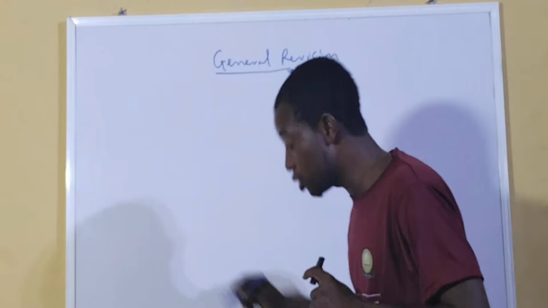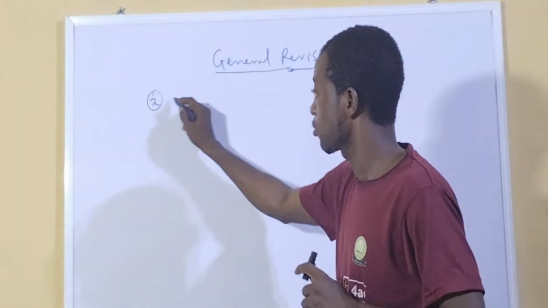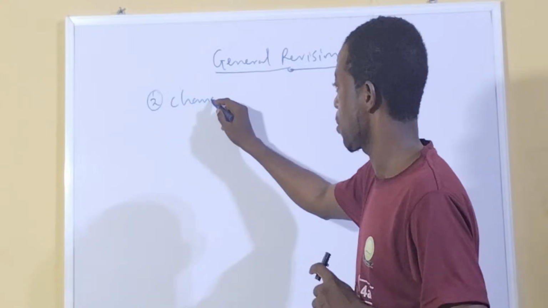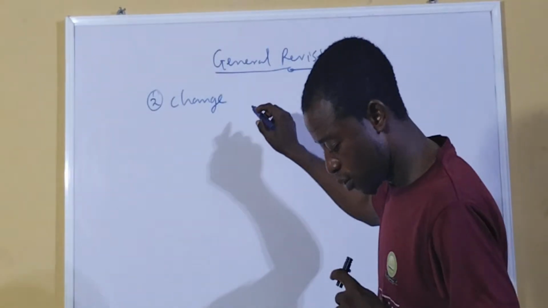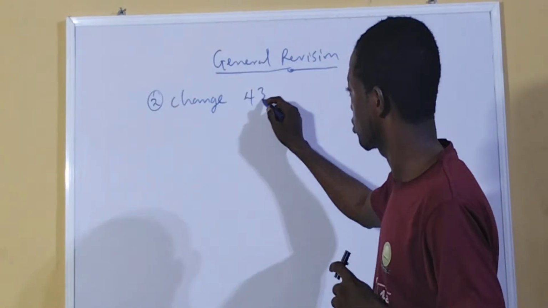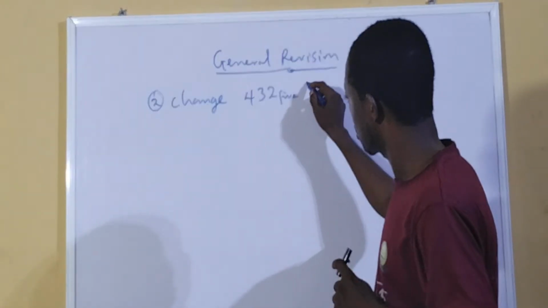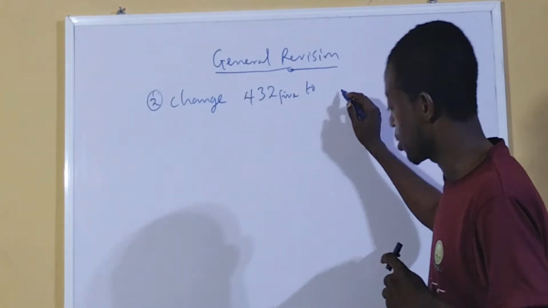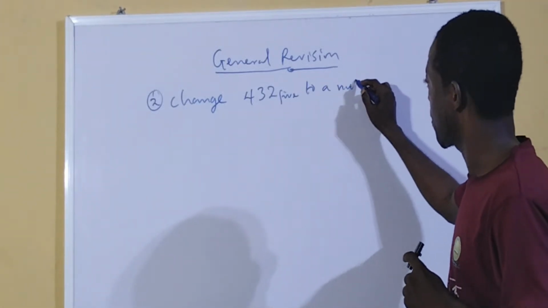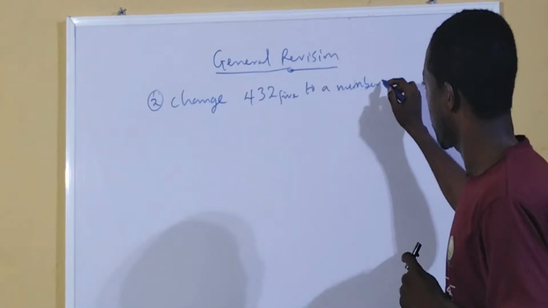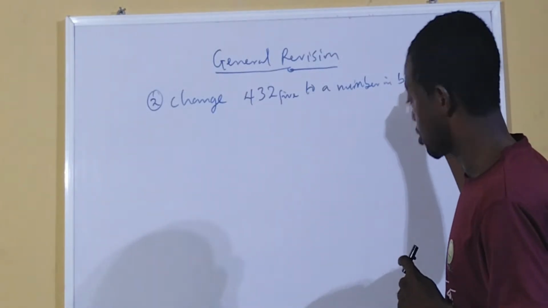Number 2: change 432 from base 5 to a number in base 3.